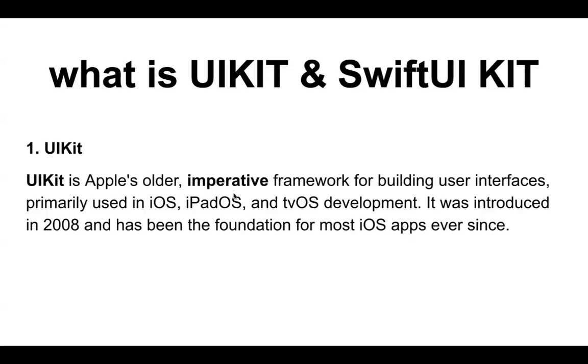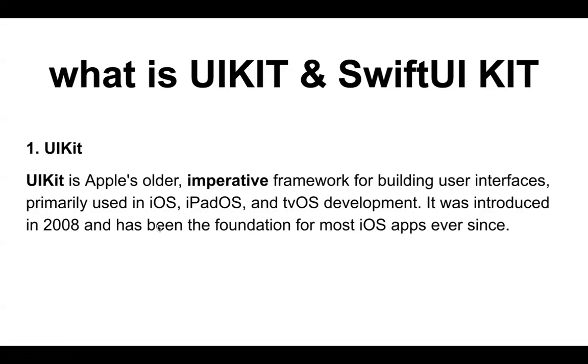This one mainly focuses on user interfaces, primarily used for iOS apps, that is iPhone and iPadOS, and tvOS development. You can implement macOS applications also. Okay. But this was introduced in 2008. And when the Apple products were launched, from that time onwards, this one has been used. So that's why we can call this one very old.